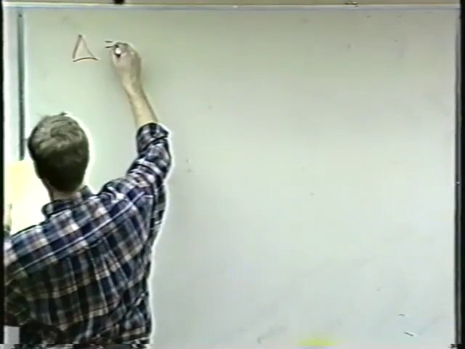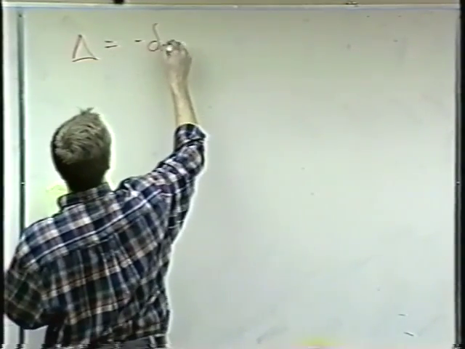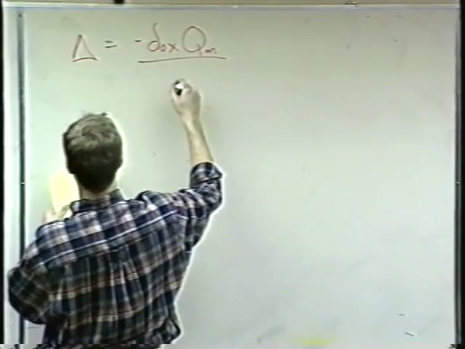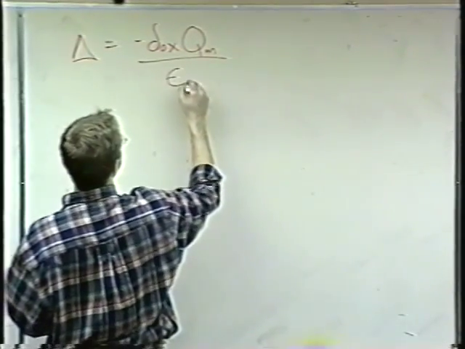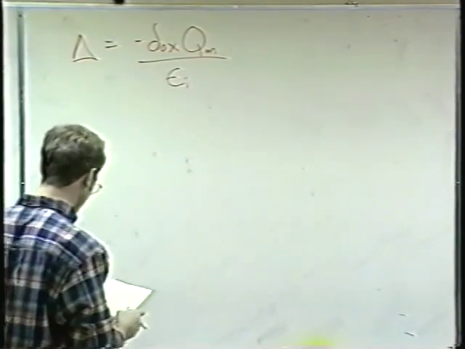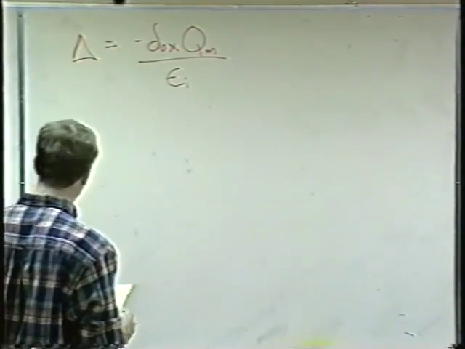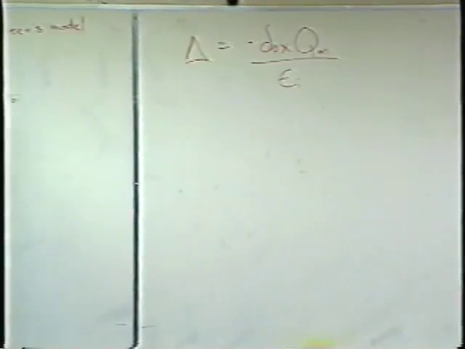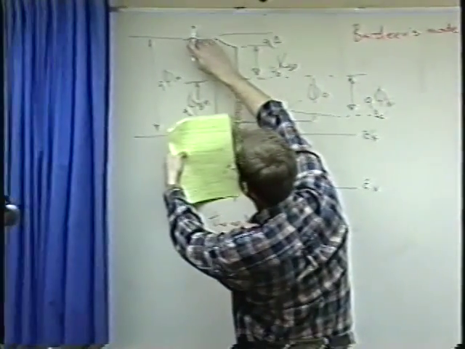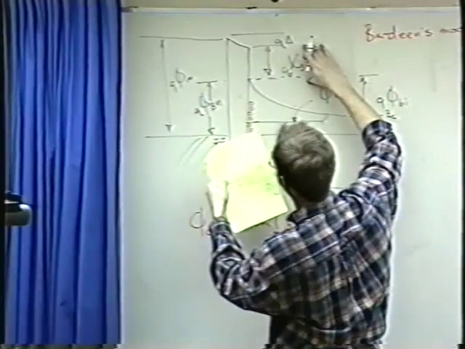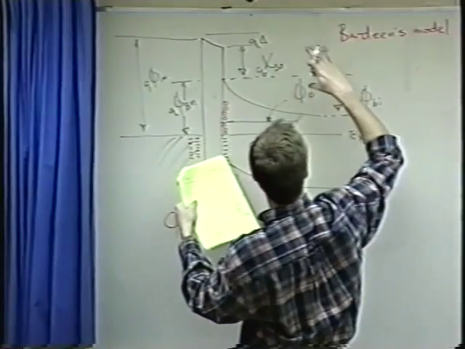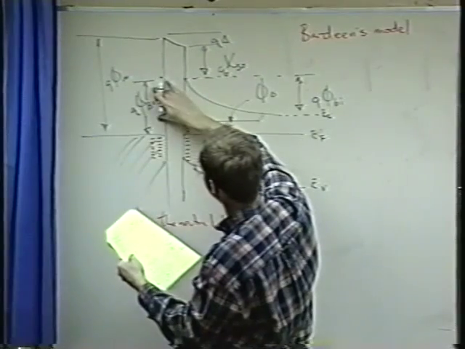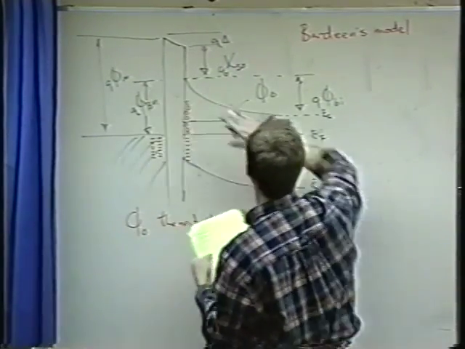Basically, we get the thickness of the oxide times the enclosed charge divided by the permittivity. Okay. From the energy diagram, you can also see that delta is equal to the metal work function minus the affinity minus the Schottky barrier height, right?